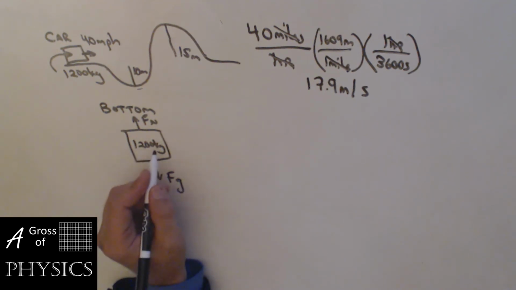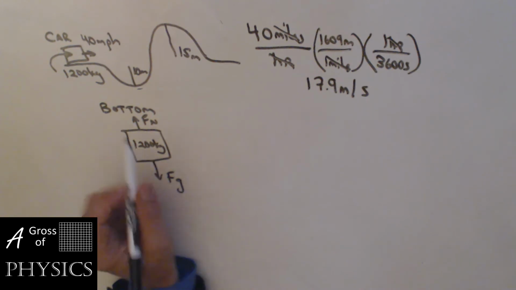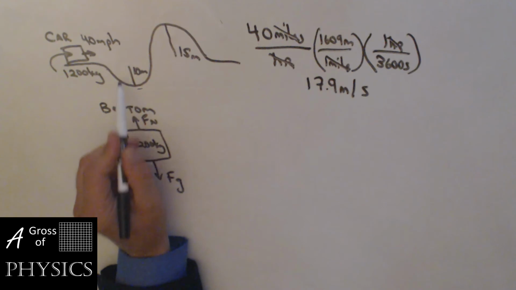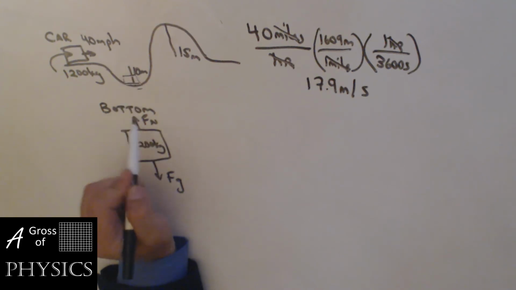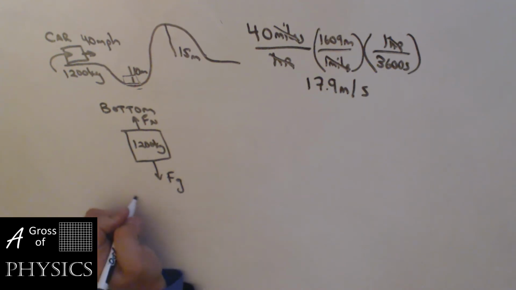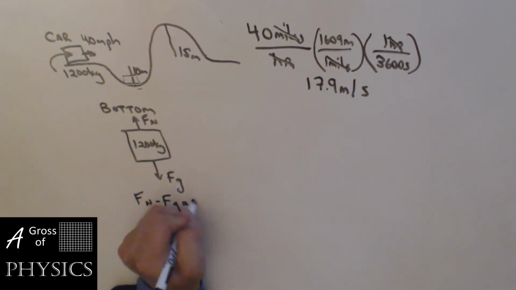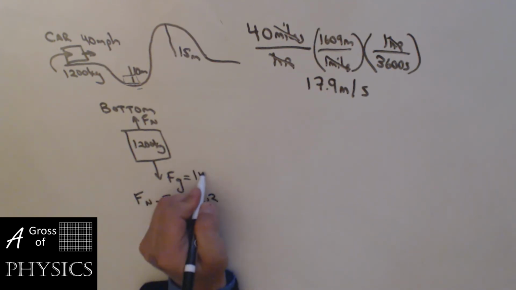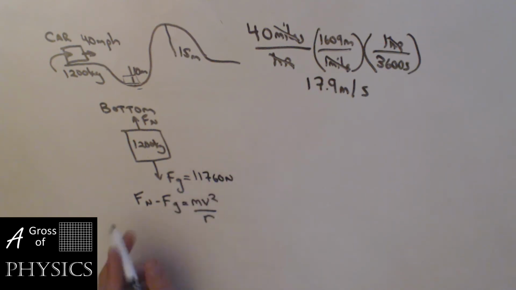So what we're going to have to do is set up our equation where the one pointing to the center, in this case the normal force, because the car is going to be sitting here, is going to be the positive, and gravity is going to be the negative. So Fn minus Fg equals mv squared over r. Well, let's find Fg. You're going to do 1,200 times 9.8, and you have 11,760 newtons.